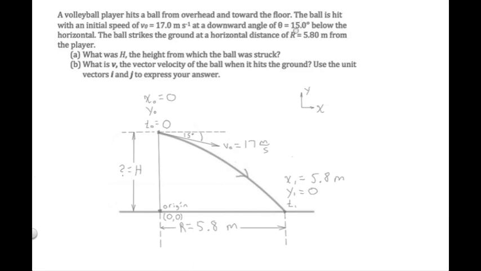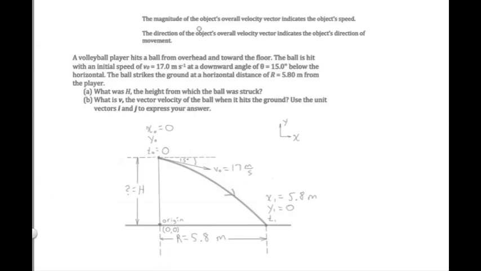So if we have the speed and the angle of movement, why do I say that we have the velocity? Well, here's why. The object's speed tells us the magnitude of the object's overall velocity vector. And the object's direction of movement tells us the direction of the object's overall velocity vector. So in this problem, we were given the initial speed, and therefore that also tells us the magnitude of the object's initial velocity vector.